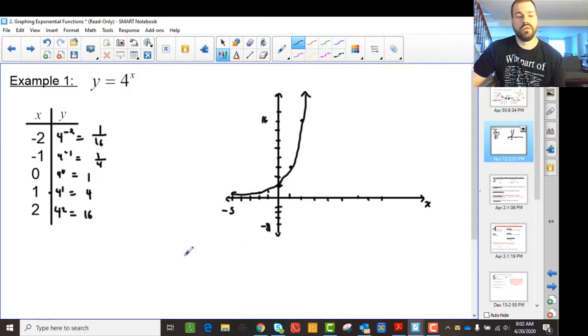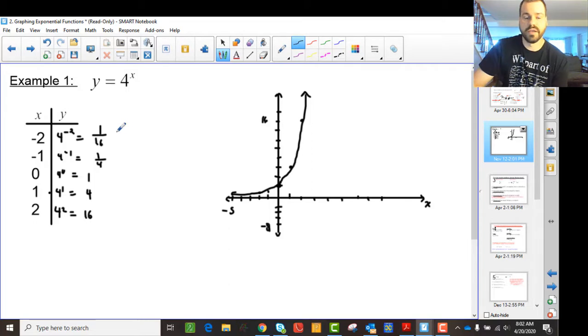All right, so these numbers, minus 2, minus 1, 0, 1, and 2, they are randomly selected in the sense that I can pick any x values, but I would encourage you that those are the values you want to use no matter what exponential graph you have, because those are the numbers that are close to the x-axis and therefore going to keep your y values relatively small in terms of positive powers, and relatively big in terms of negative powers, if that makes sense, because it's very difficult to draw, for example, 1 over 1,000 on a graph. I mean, how are you going to do that? So we keep the numbers pretty small in both directions, okay?